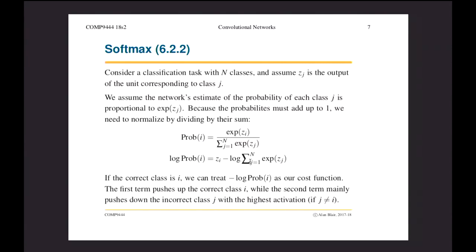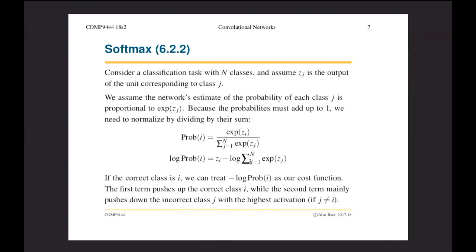If you were to add a constant to all of the outputs, it wouldn't change the probabilities. This is all normalized so that the sum of them is equal to 1. What it means is that the distance between one output and another output determines the ratio of the two probabilities.